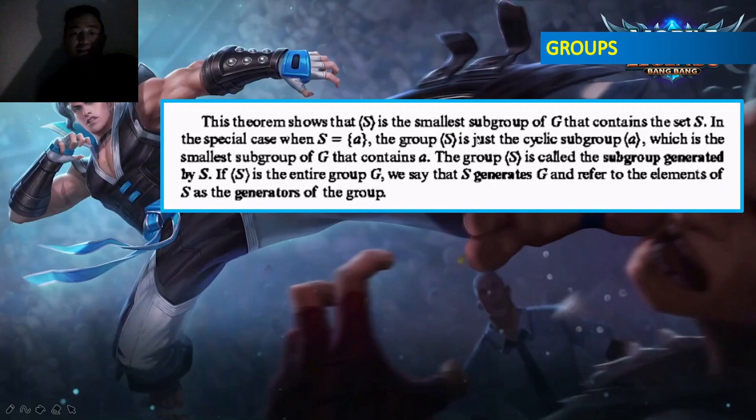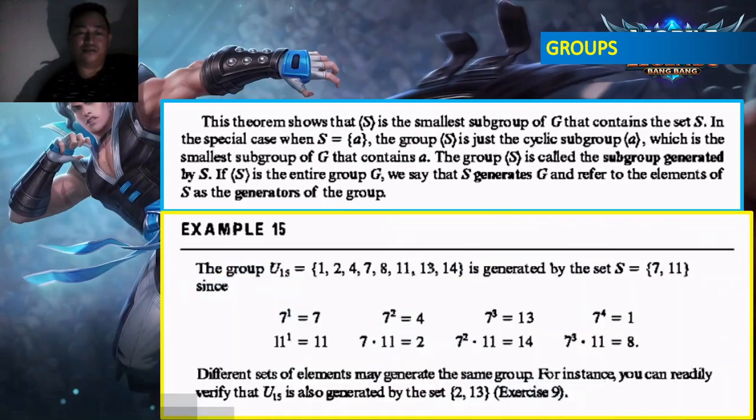The group generated by S is called the subgroup generated by S. If this group is the entire group G, we say that S generates G, and we refer to the elements of S as the generators of the group.